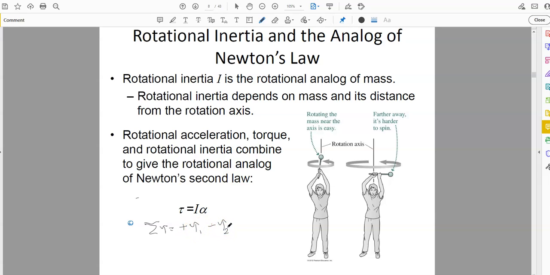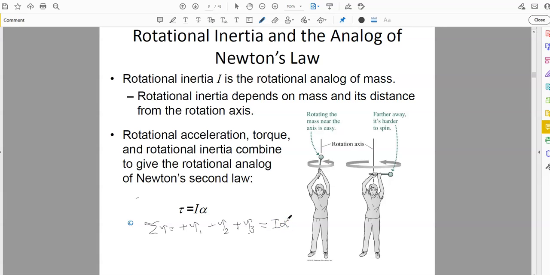The second torque would be spinning it clockwise. So you've got all these forces attached to a lever arm, spinning it clockwise or counterclockwise. T1 and T3 are spinning it counterclockwise, while T2 is spinning it clockwise. Eventually you're going to sum those torques and set it equal to I alpha.